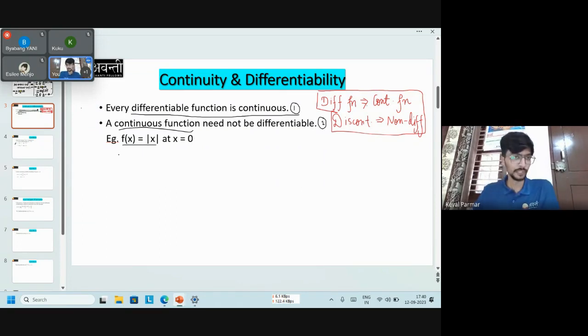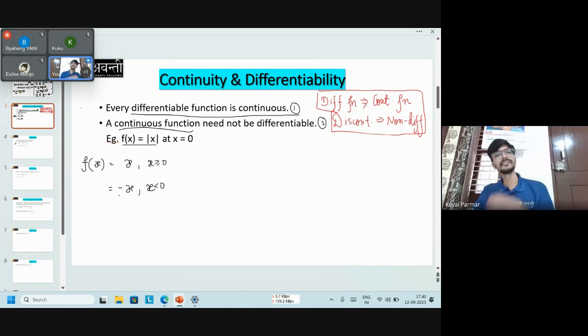The same you can do here. f of x will be equal to x if x is greater than or equal to 0, and will be equal to minus x if x is less than 0. You can do the same thing at x equal to a, just in place of a, we have 0.